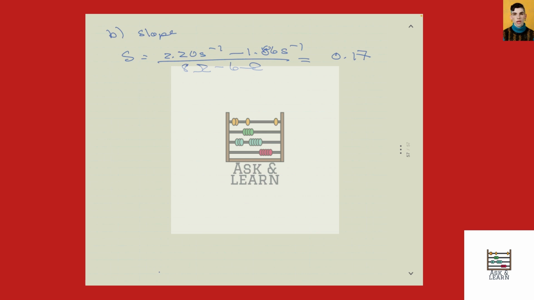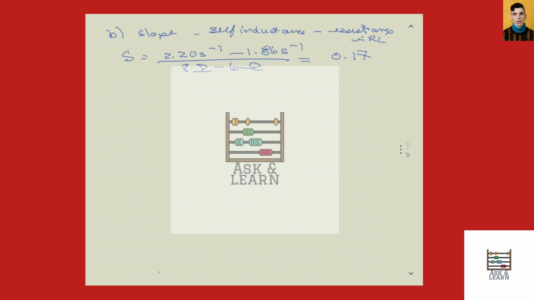And the slope, what else do we want? The self-inductance, and then finally the resistance in RL.